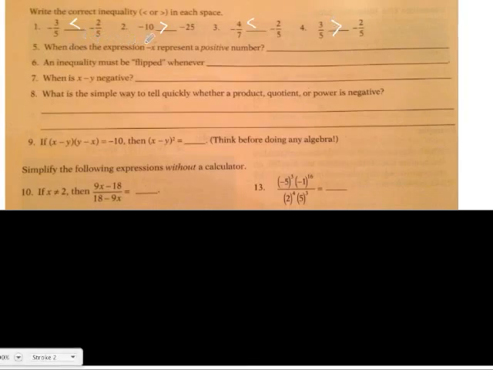So when does the expression negative x represent a positive number? When you multiply or divide the negative with another negative. So whenever x itself is a negative number, because negative times a negative number gives you a positive number.